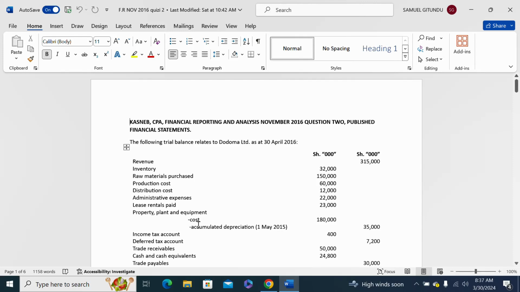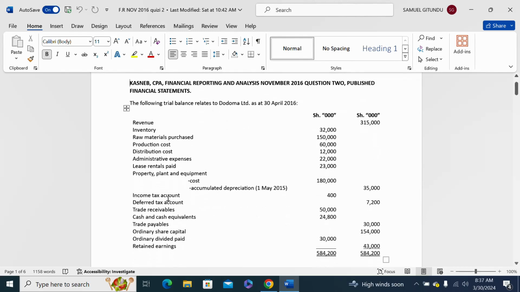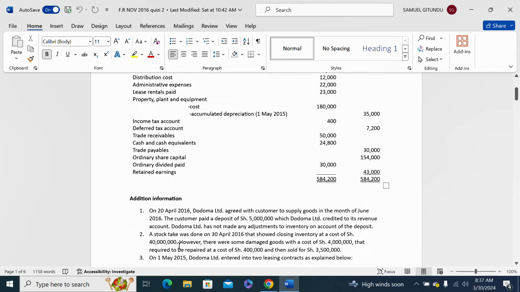We have at cost, and then accumulated depreciation, that is 1st May 2015, income tax account, deferred tax account, trade receivable, cash and cash equivalents, trade payables, ordinary share capital, ordinary dividend paid, and retained earnings.